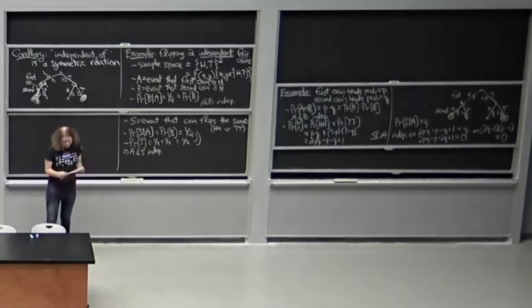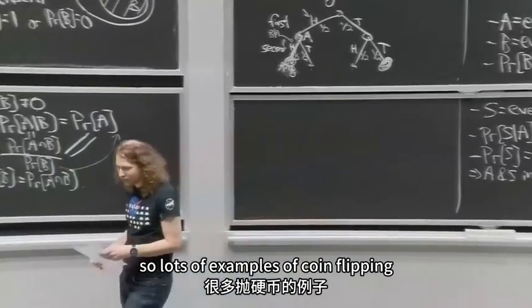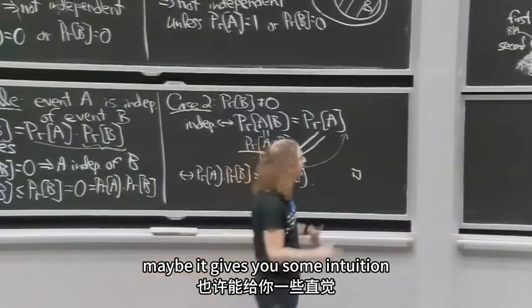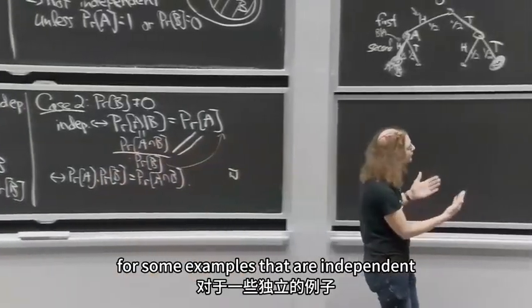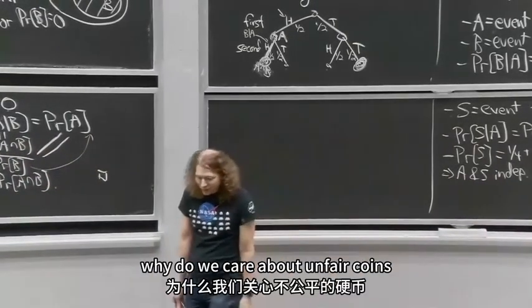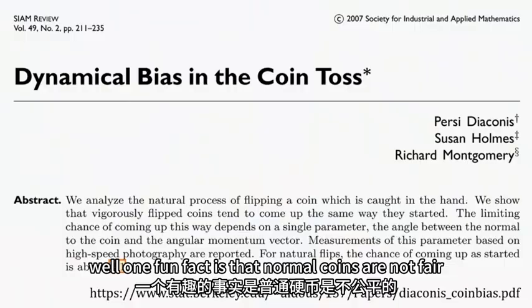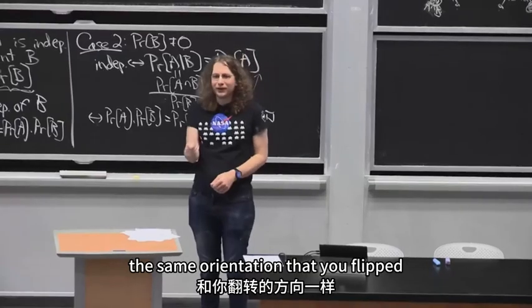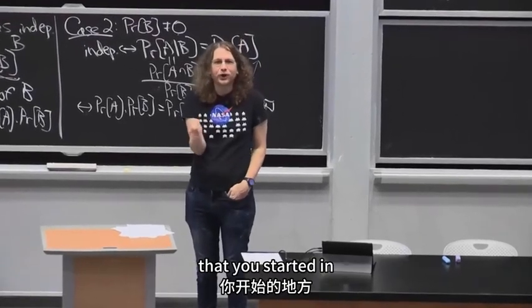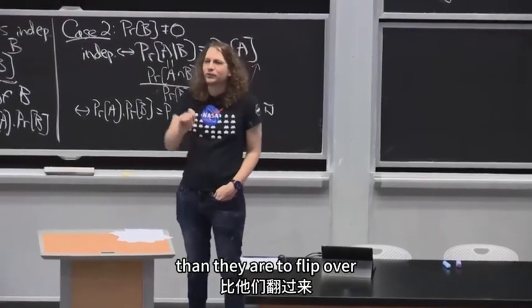All right. So lots of examples of coin flipping. Maybe it gives you some intuition for some examples that are independent and some that are dependent. Why do we care about unfair coins? Well, one fun fact is that normal coins are not fair. They're more likely to come up the same orientation that you started in than they are to flip over.